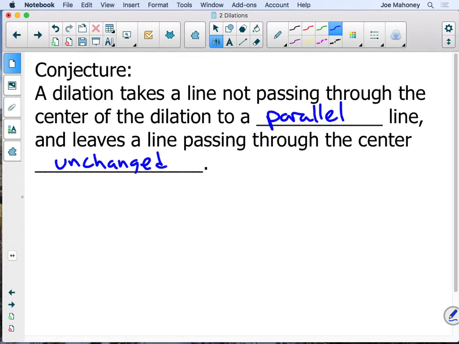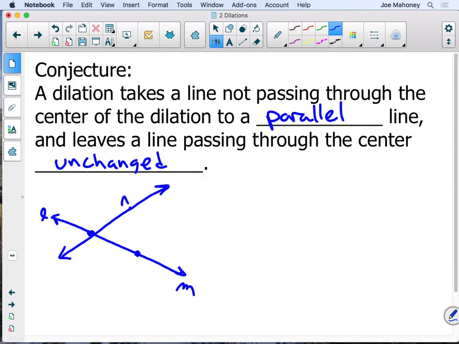So let's talk about what that means real quick. What that means is if I take my center point, and I'm going to take 2 points that are on that line. See how that line passes through the center? These 2 lines pass through the center, let's call it line L and line M. So it just takes points that are on that line and moves them further down.